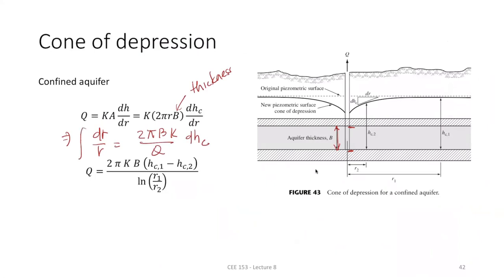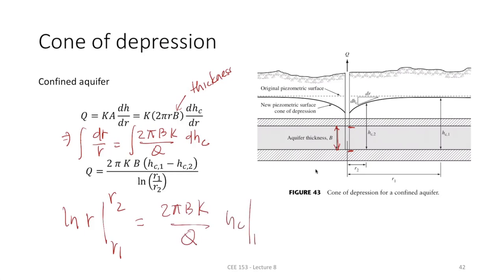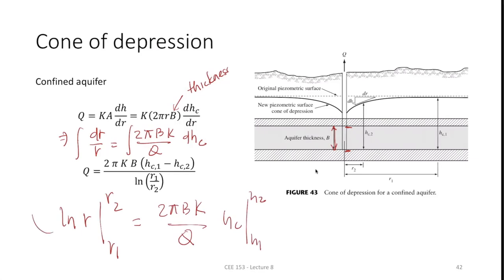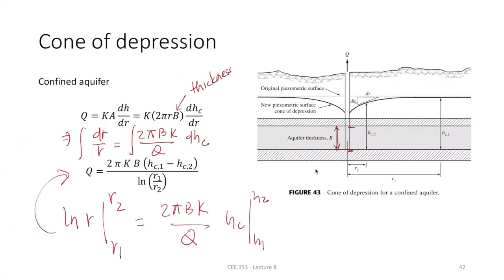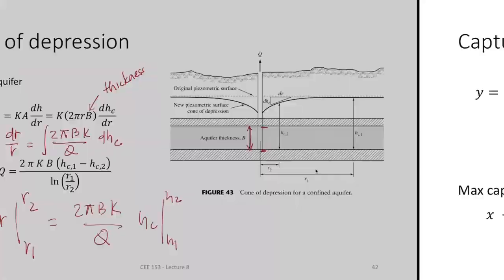And if you do the integration, again this will be ln, so ln r from r1 to r2 would be 2 pi bk by Q times hc from h1 to h2. So that's why you see the solution will be here. Again, it's just the formula. You just have to plug the value, get the answers. So you can solve the question similarly by using this concept.